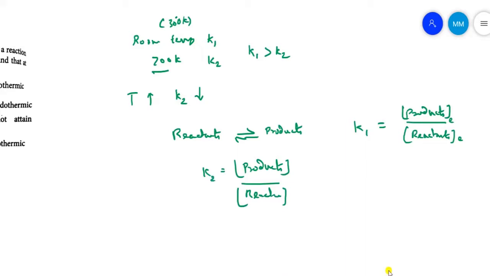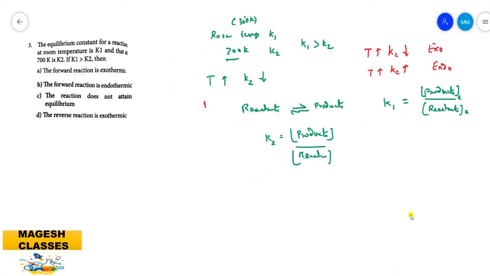The concept is, as temperature increases, Kc decreases, the reaction is an exothermic equilibrium; as temperature increases, Kc increases, it is an endothermic equilibrium reaction. So it is an exothermic equilibrium reaction from this data.